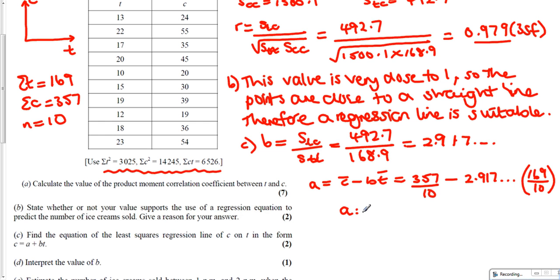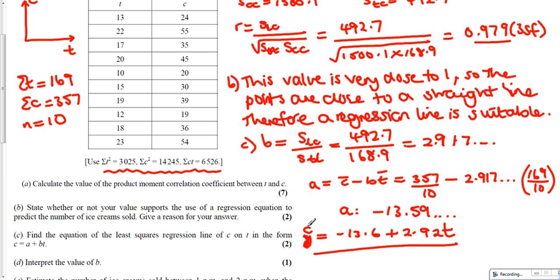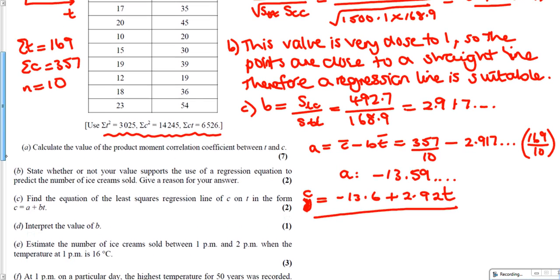So A works out to be minus 13.59 and some other numbers. So rounding them off to 3SF, A is minus 13.6 and B is 2.92. In fact, we shouldn't have Y at the front, should we? We should have C. So let's put C there at the front. Okay, so that's our regression line.